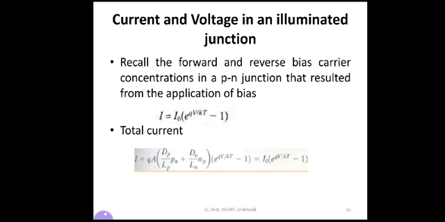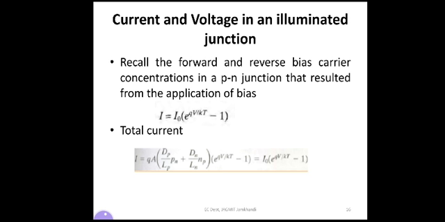At V equal to 0, the generation current and the diffusion current cancel. So the total current I = qA (Dp/Lp · pn + Dn/Ln · np)(e^(qV/kT) - 1), that is equal to I0 (e^(qV/kT) - 1).